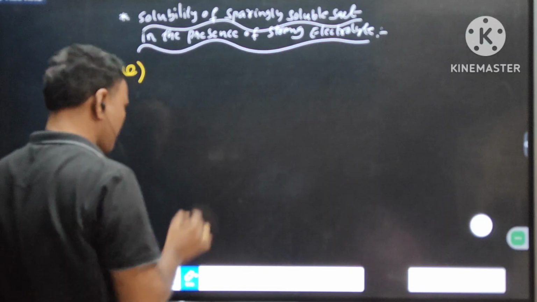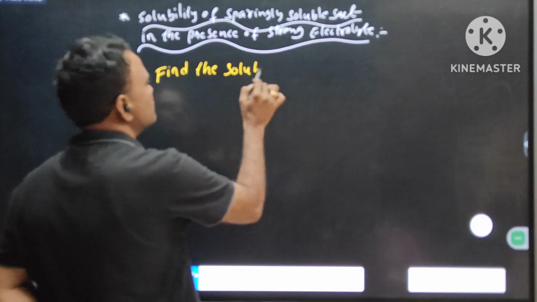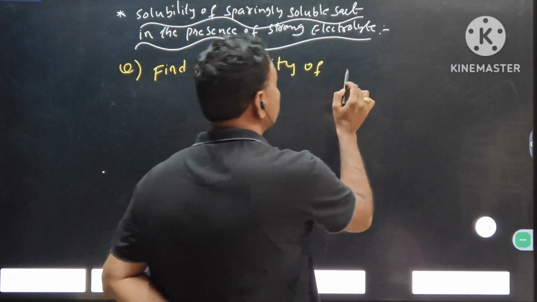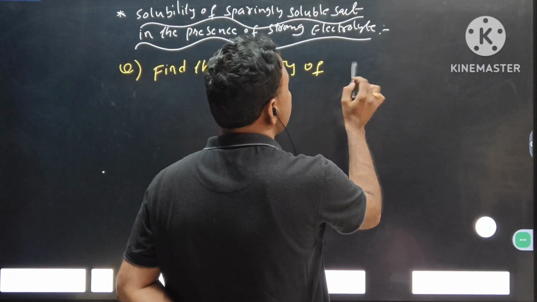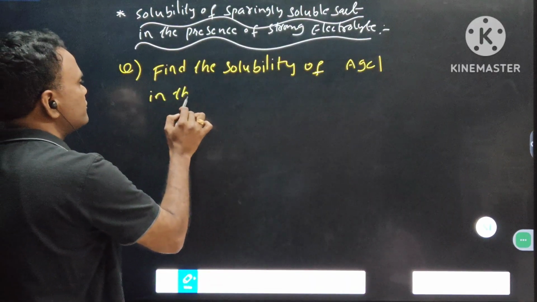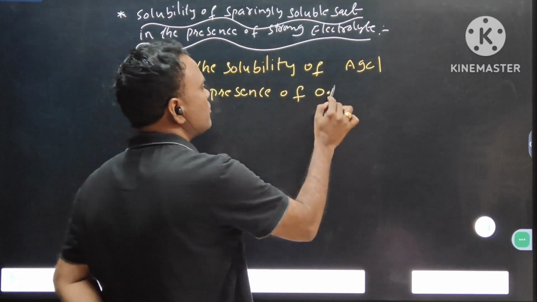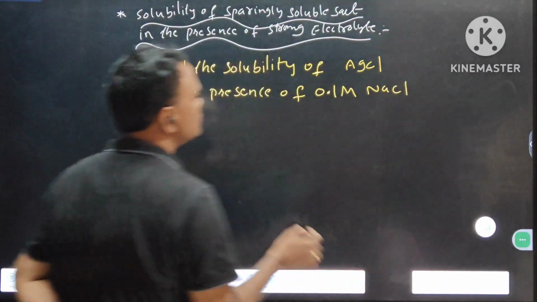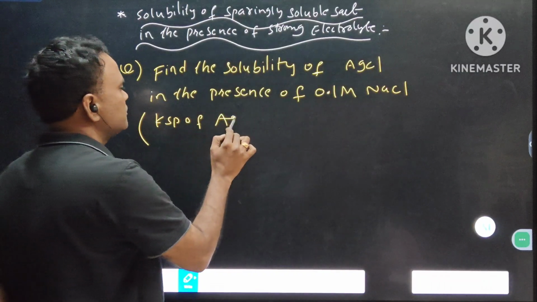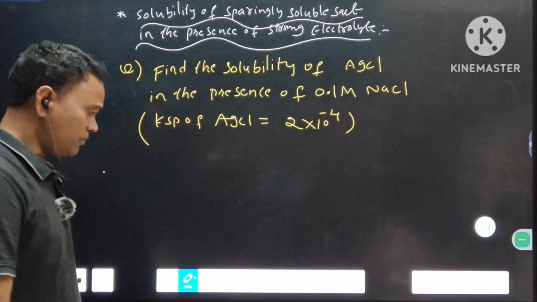Find the solubility of AgCl in the presence of 0.1 molar NaCl (Ksp of AgCl is equal to 2 into 10 to the power -4).